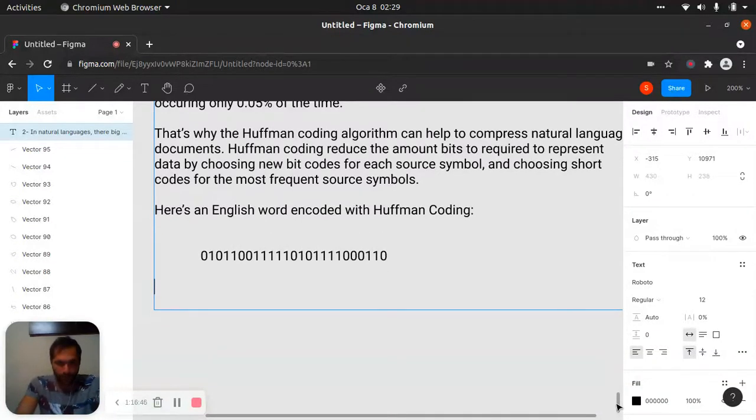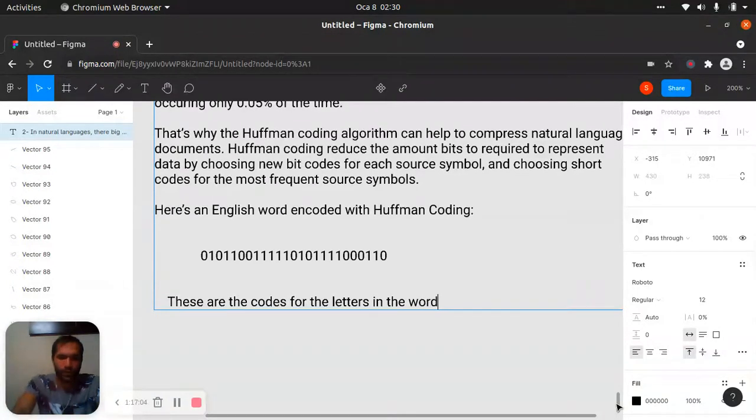Yep. Now we will also say here, these are the codes for the letters in the word.